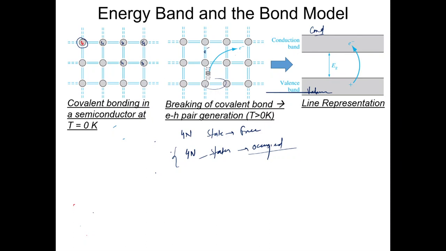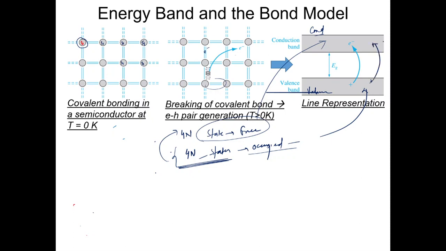So what does this mean? That these 4n occupied states correspond to the valence shell or the valence band, and these 4n free states correspond to the conduction band. And any electron which moves from these occupied states to these free states actually moves from the valence band to the conduction band.